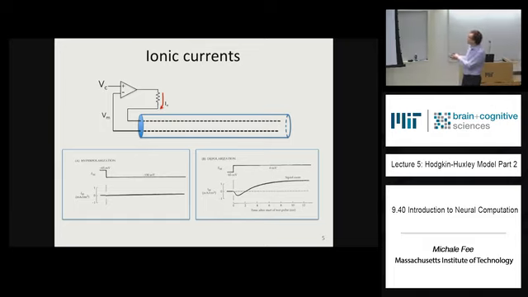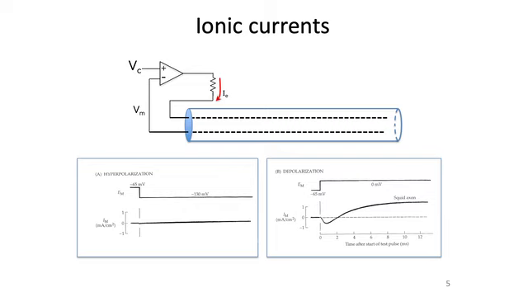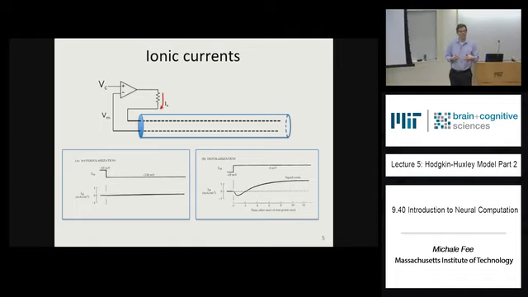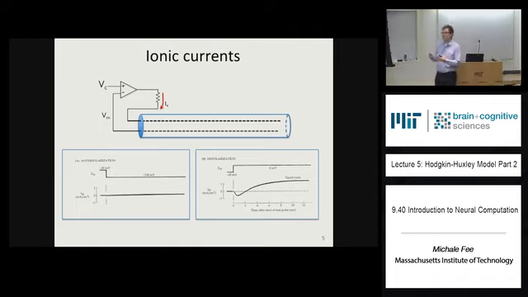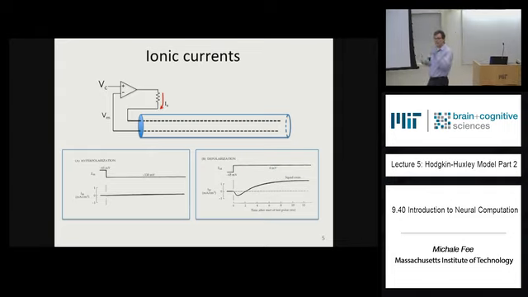So if you take a squid giant axon, start at minus 65 millivolts and hyperpolarize the cell, not much happens, and that's because all of those currents are already off when the cell is hyperpolarized at minus 65 or at low voltages.